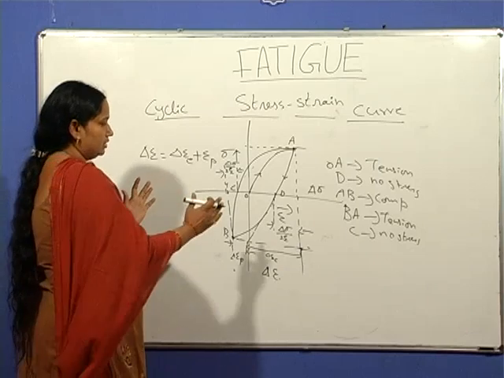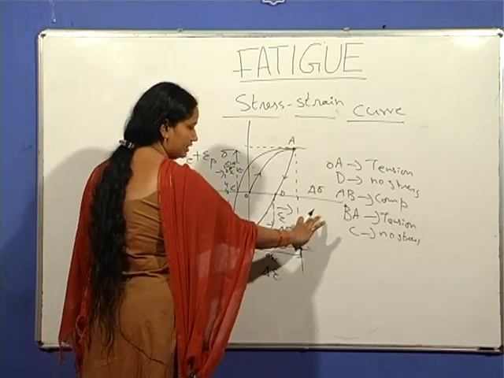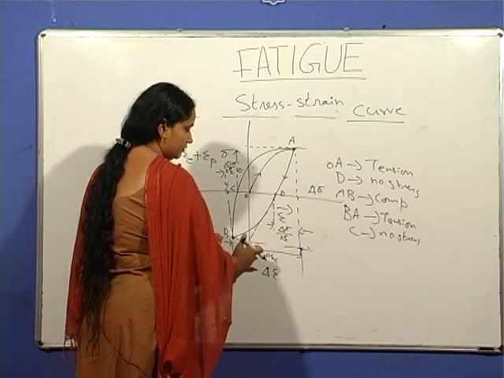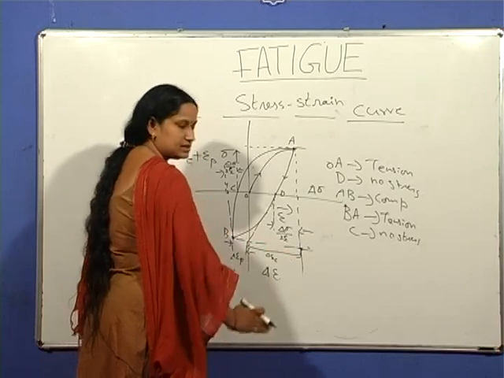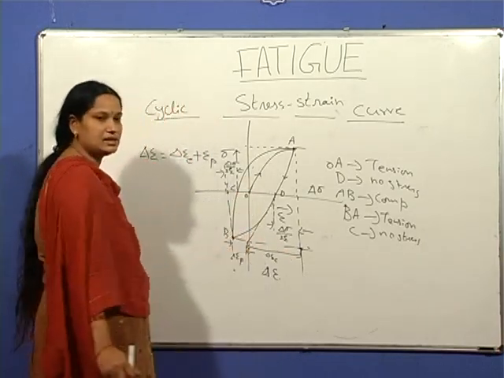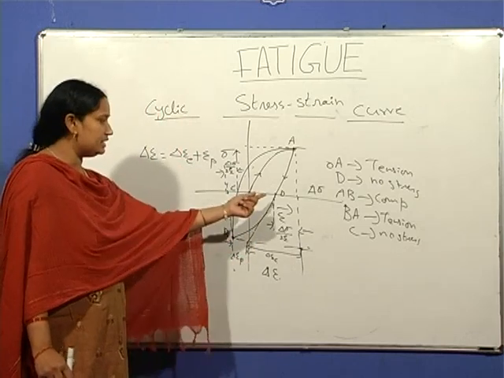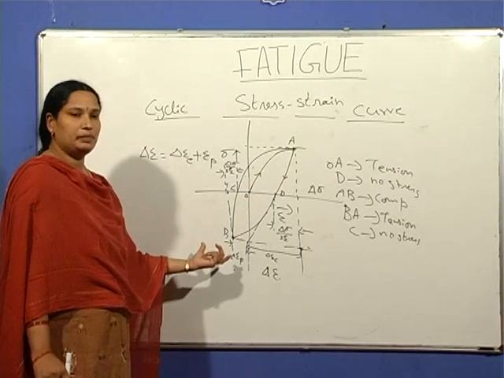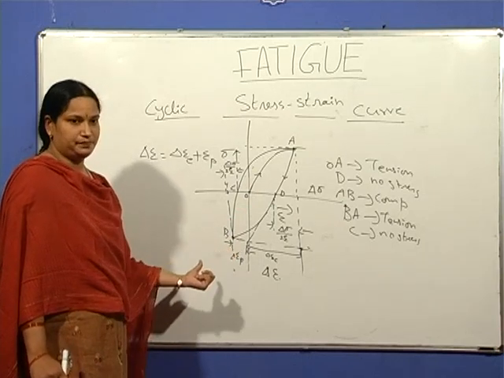So, this is a hysteresis loop which shows the total stress range and total strain range, which comprises both plastic strain and elastic strain. The width of the loop at its center is the plastic strain, that is CD.